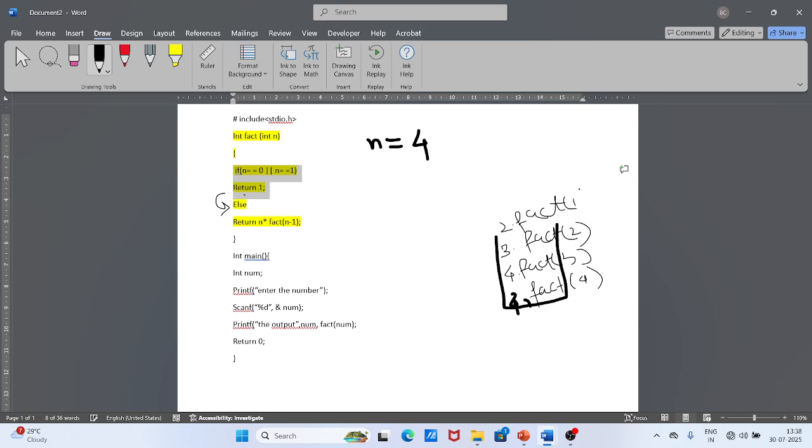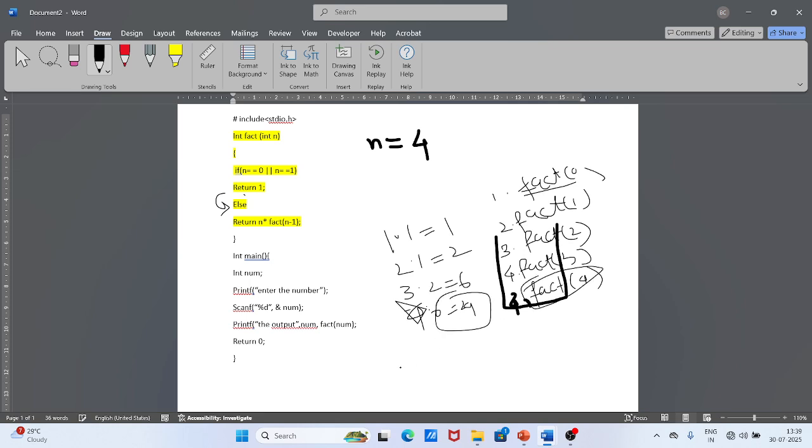Fact 1 becomes 1 into fact 0. Fact 0: when it is 0, then it returns 1, means 1 into 1, it's 1. Now the next one is 2 into 1, it's 2. Now this is 3 into 2, it becomes 6. Then 4 into 6, it becomes 24. Then it gives the result 24.